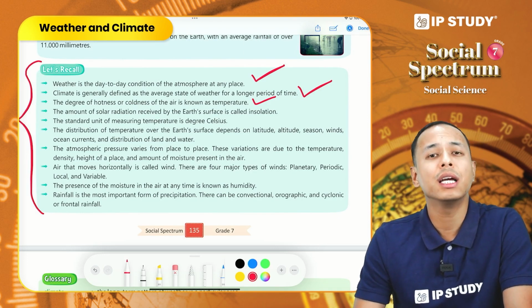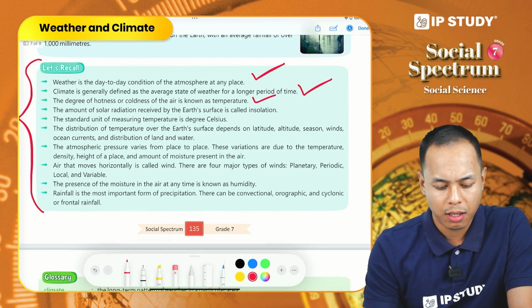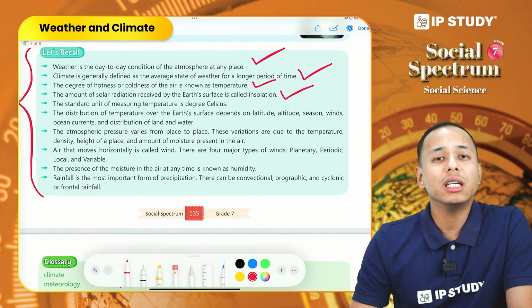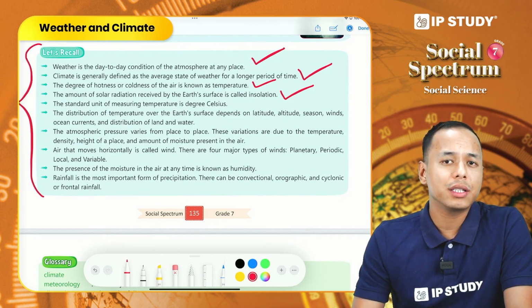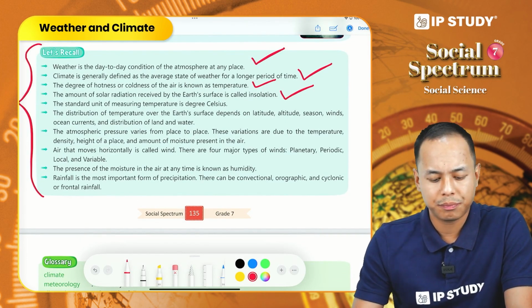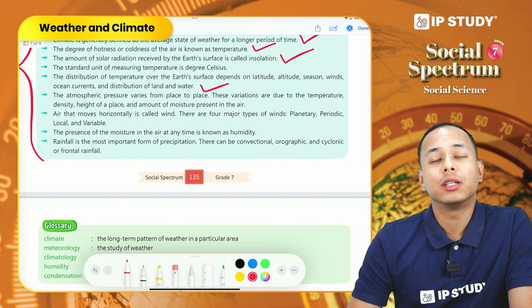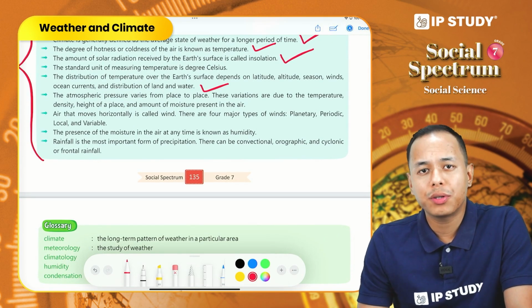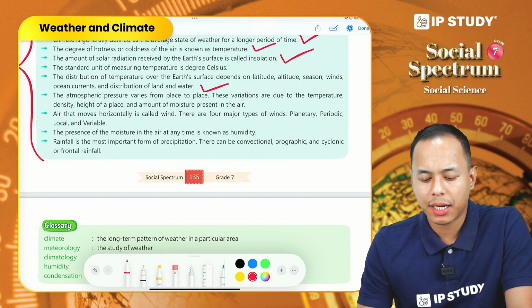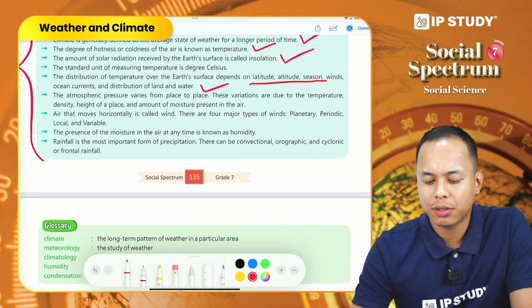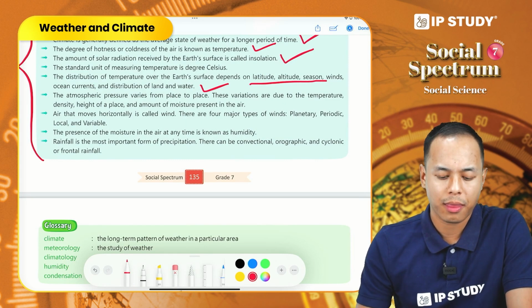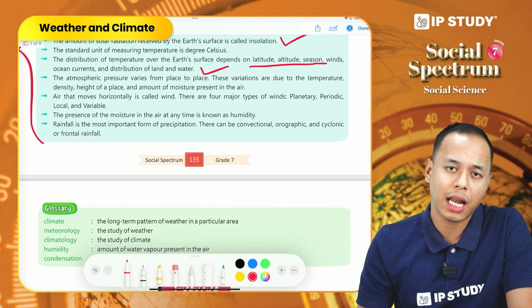It is measured in degrees Celsius. Insolation is the amount of incoming solar radiation. Temperature is not equally distributed, and there are various factors behind it, such as latitude, altitude, wind, ocean currents, and distribution of land and water.